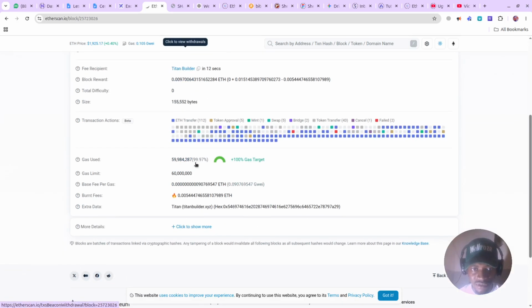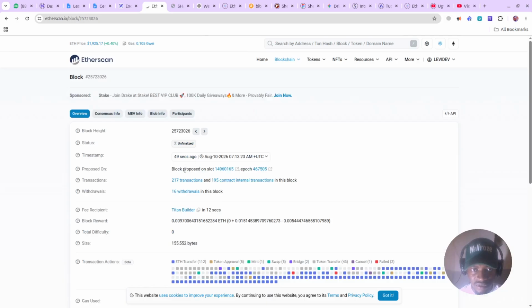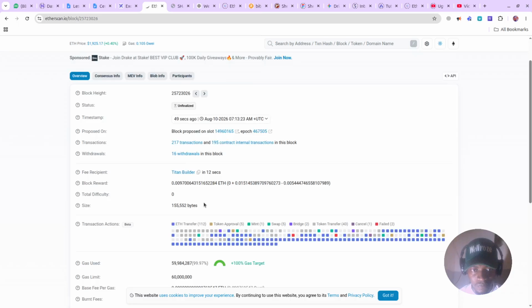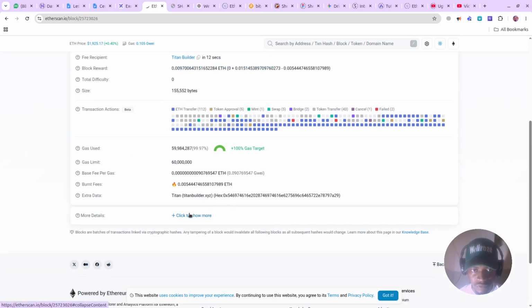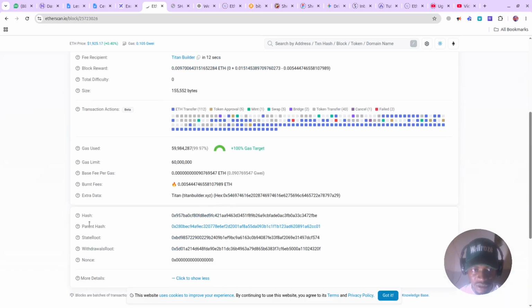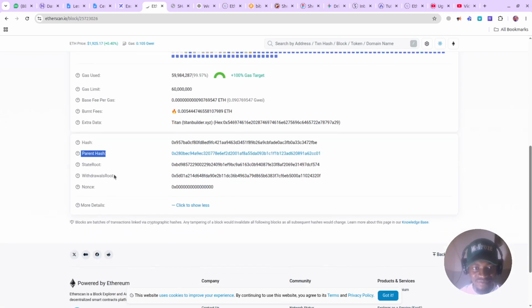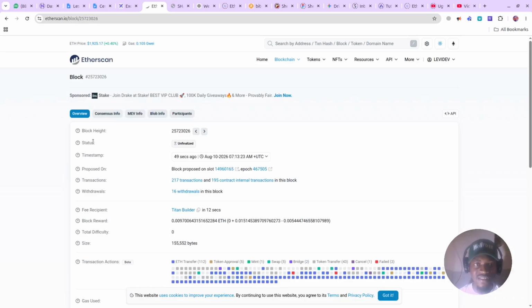Let me show you, click for more. Yeah, see parent hash. You can see the parent hash, the hash before this one. This is the parent hash, and this is the hash of this current block. So if I refresh this, there's another block that has formed.